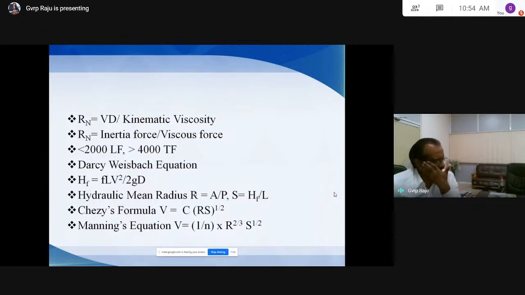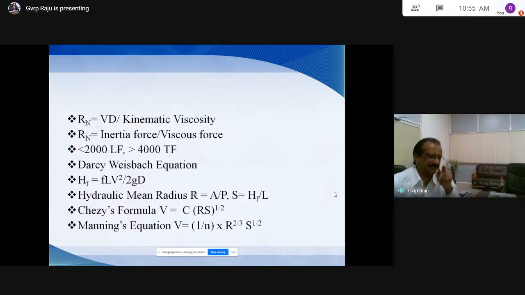P is the wetted perimeter. In the definition of hydraulic mean radius, R is equal to area by perimeter, and that perimeter is the wetted perimeter. Let us say the pipe is running full. Then what is the hydraulic mean radius? Pipe running full means it is completely wetted, and R is equal to A by P, where A is the cross section area and P is the wetted perimeter.